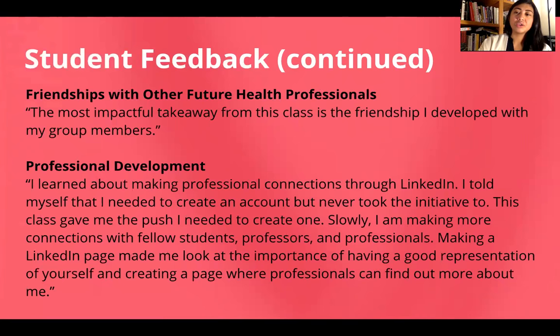So there is a group project component which we'll go through during the syllabus overview, but it is really helpful to know that all the students in this class are working towards some kind of health career, and it's nice to have someone along for the journey, particularly if you are a first-generation college student or the first one in your family pursuing this type of career.